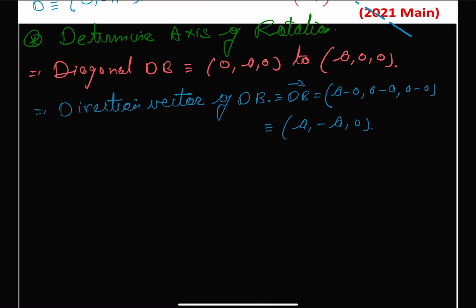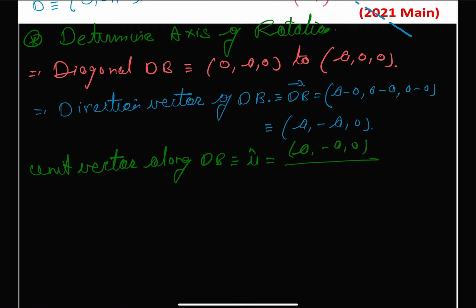Let us call this unit vector u, which will be equal to vector DB, a, minus a, 0, divided by its magnitude, which is the square root of a square plus minus a square plus 0.